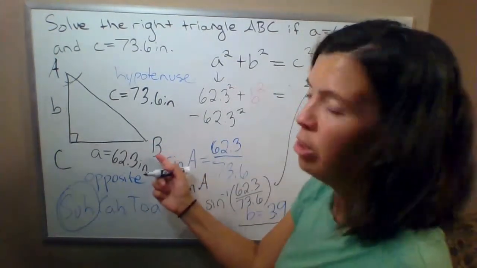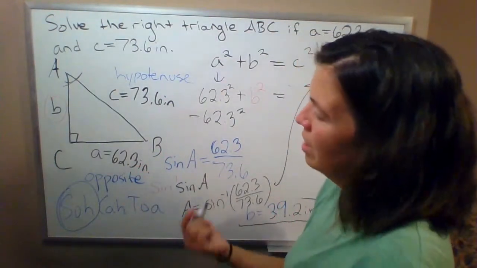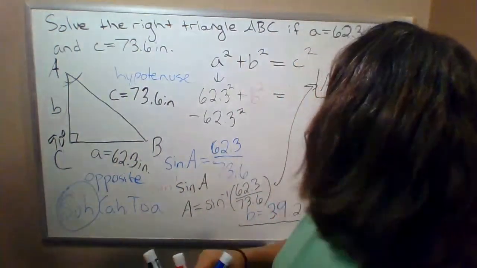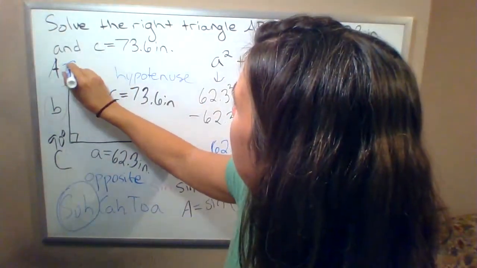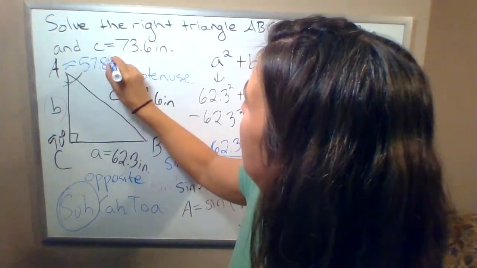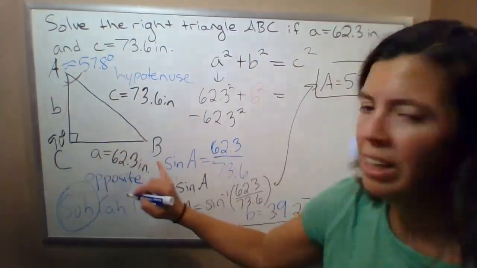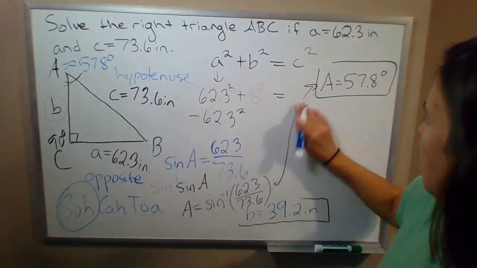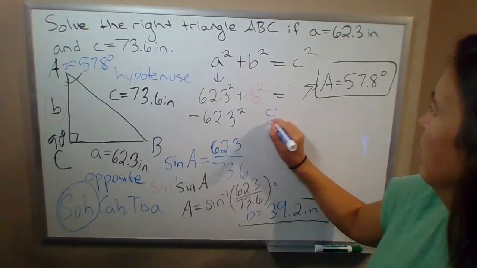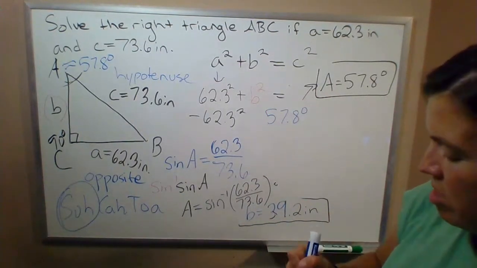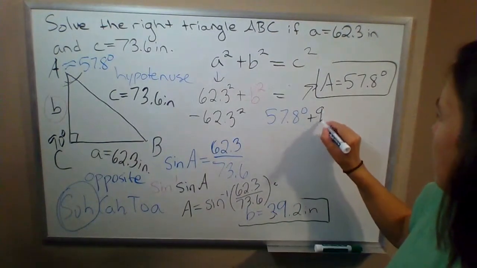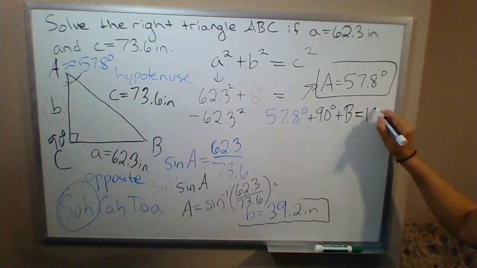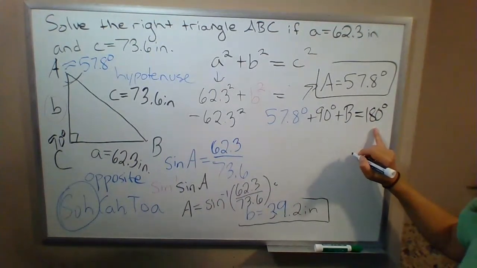Now, to find angle B, we could use another trig function. But what I would do at this point, if I know that this angle is 90 degrees, and now I know that A is 57.8 degrees, then I would just use the sum of the angles in the triangle, which should be 180 degrees, in order to find B. So the 57.8 degrees that we just found here, plus the 90 degrees for angle C, plus the measure of angle B, should total 180 degrees.